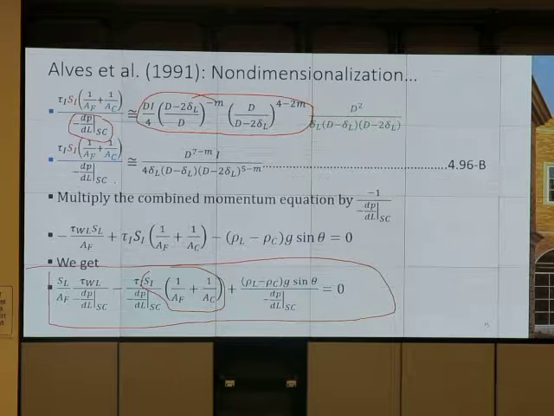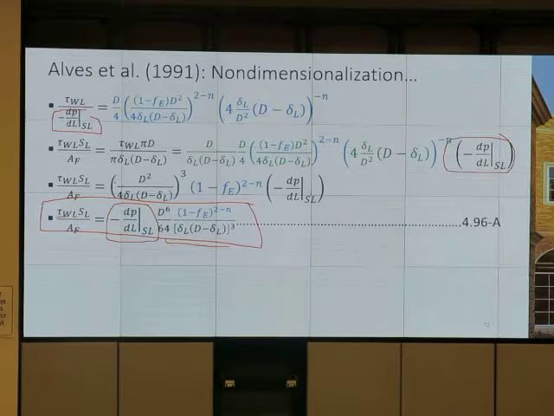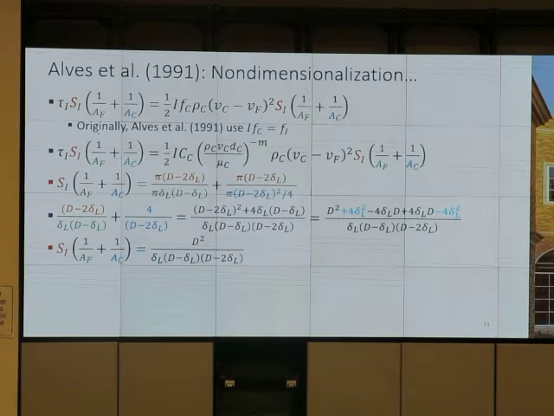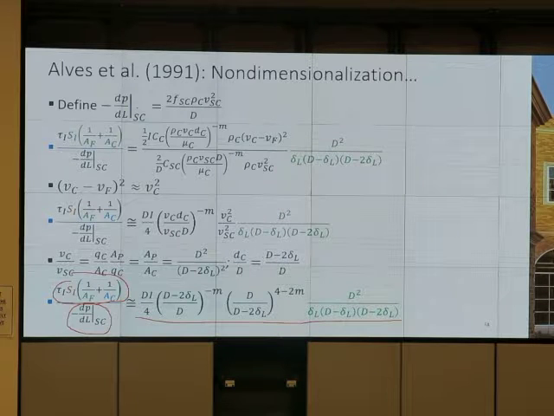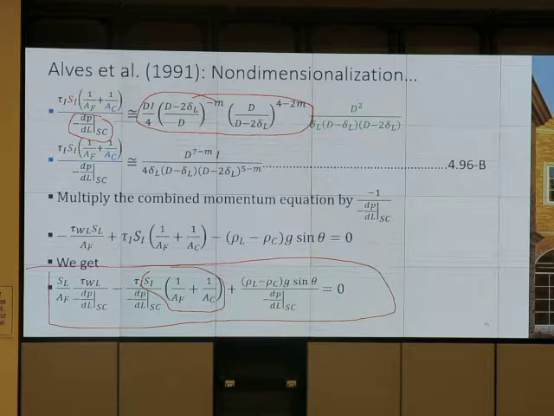I thought we use this to scale tau WL. Right? We use that to scale tau WL minus dPdL sub SL. And we scale tau I by using superficial core part.